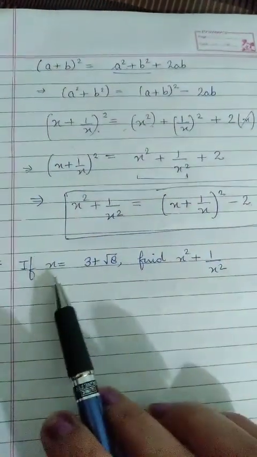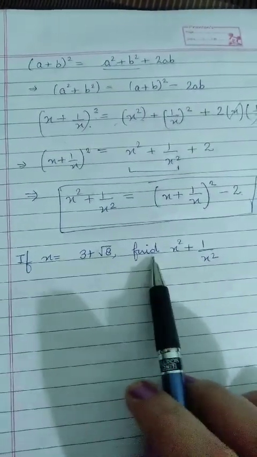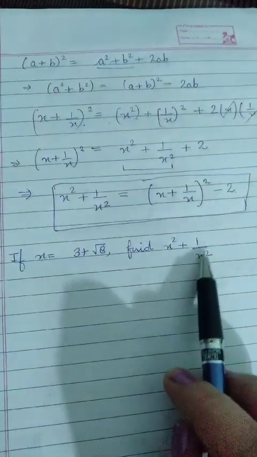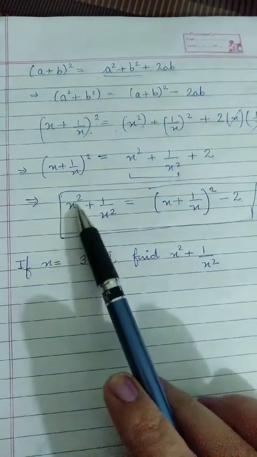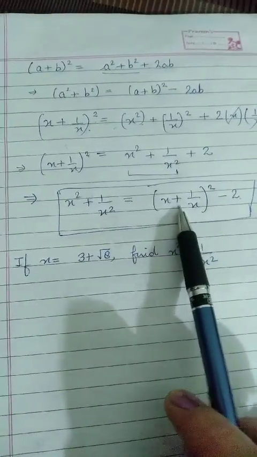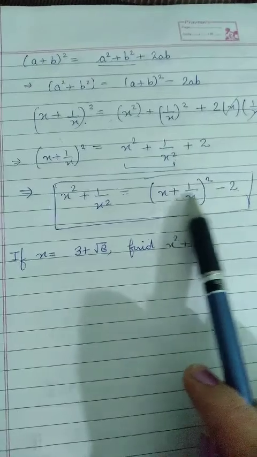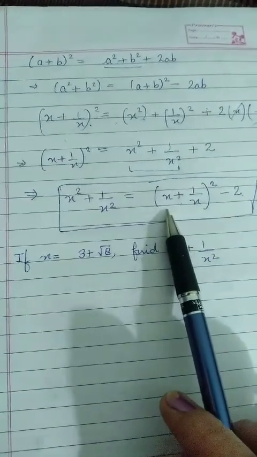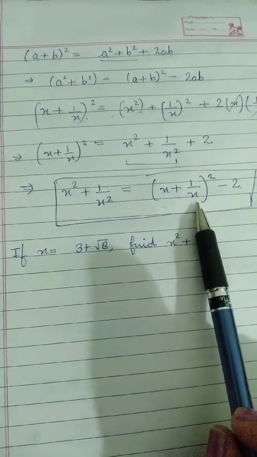The next example is if x equals 3 plus root 8, then find the value of x square plus 1 by x square. Now look at the identity. We can write x square plus 1 by x square as x plus 1 by x whole square minus 2. In the previous example we have seen how to find the value of x plus 1 by x.